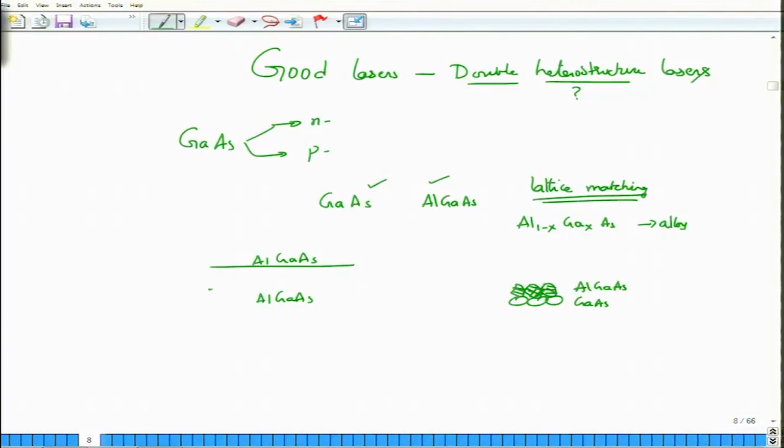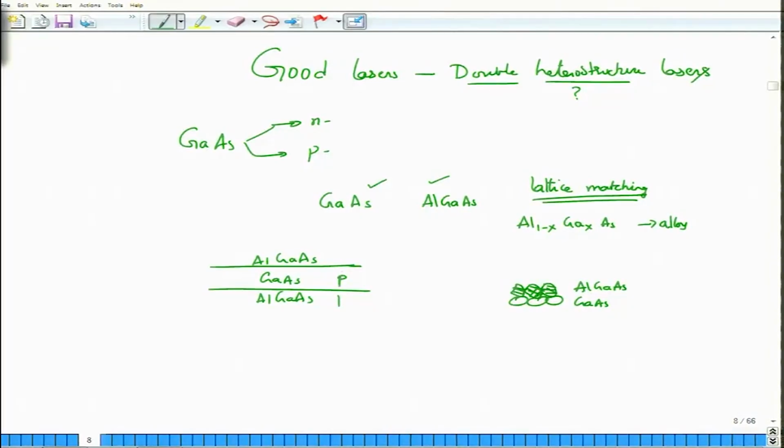So, aluminum gallium arsenide layer, gallium arsenide in between, because gallium arsenide has a smaller band gap and aluminum gallium arsenide has a larger band gap, but both of them can be made into separate P and N type materials. Now, suppose I make this a P type material and this a P type material.